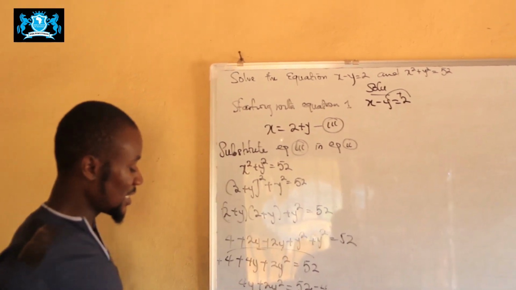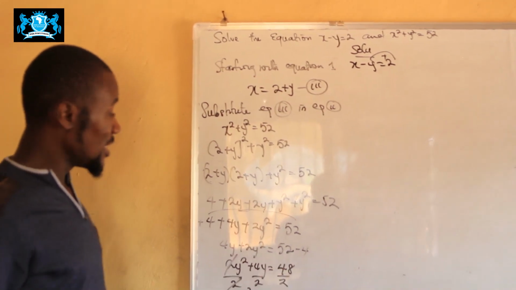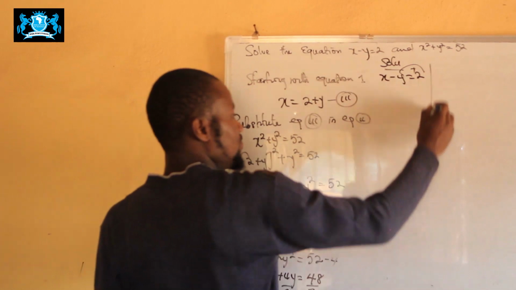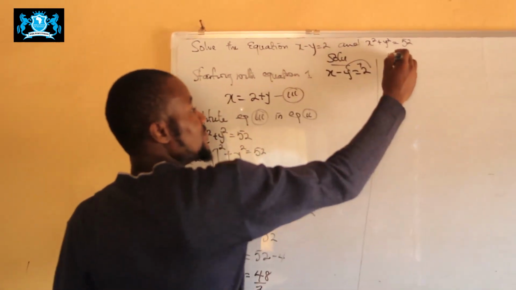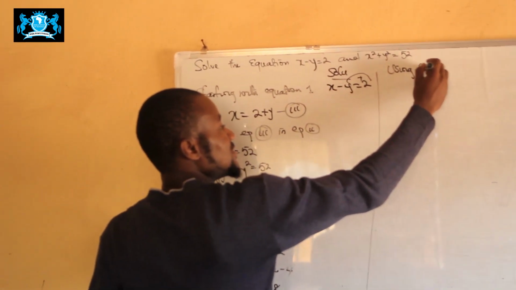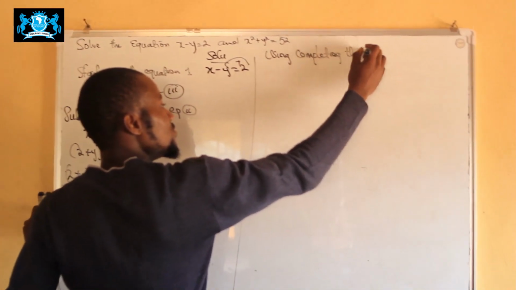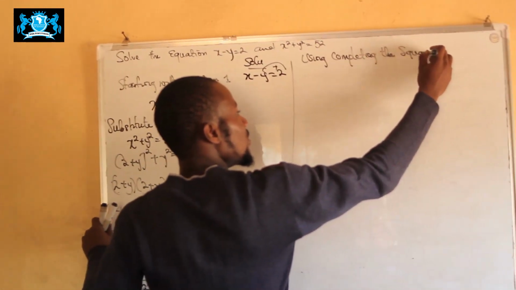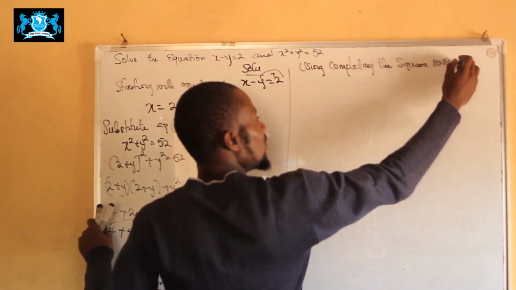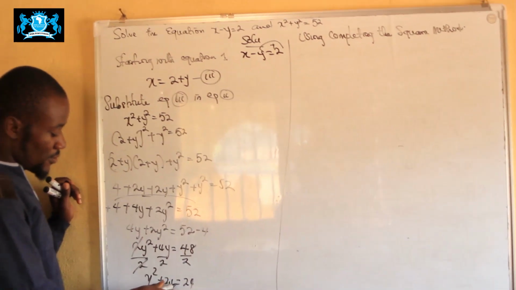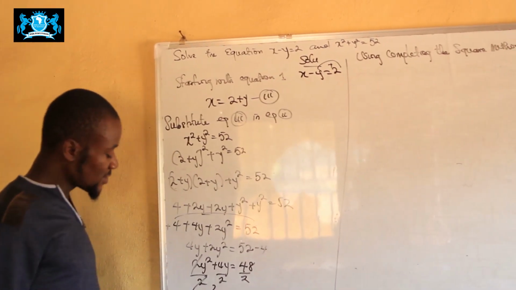So this is a quadratic equation. Let's use the completing the square method to solve it. We ask ourselves, y squared is already a unit.